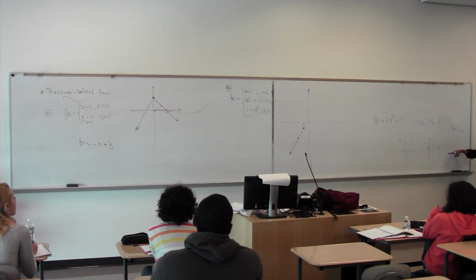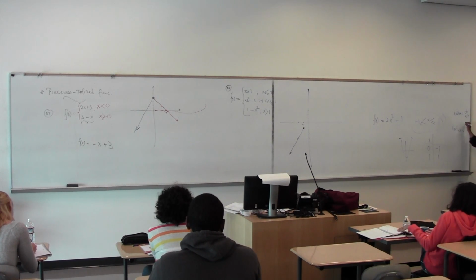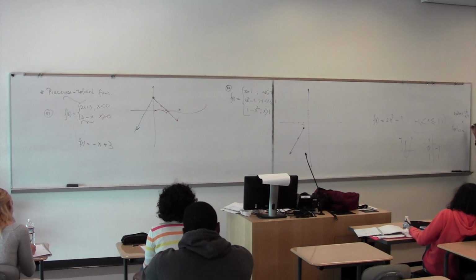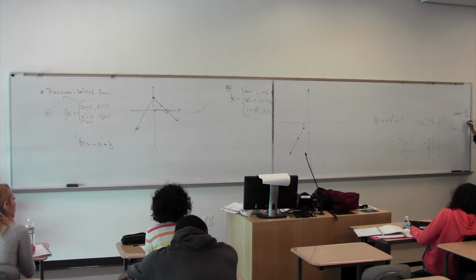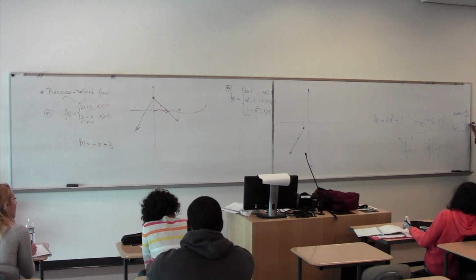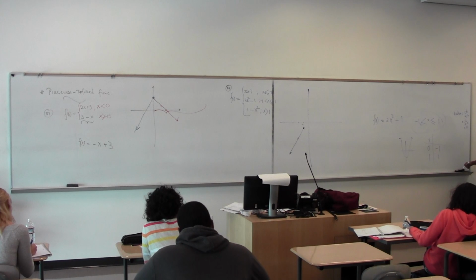So what's the vertex here? Vertex is negative b over 2a, correct? So what is it? b is 0 because the x term is not there. a is 2, so we get 0 over 2, so the vertex x-value is equal to 0.